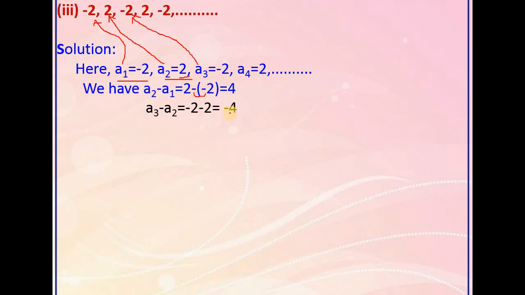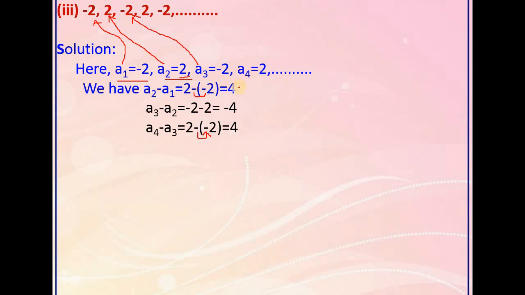Minus 2 minus 2 is minus 4. Now let us find a4 minus a3. a4 is 2 minus a3, which is minus 2. If you multiply these two signs, minus into minus is plus.